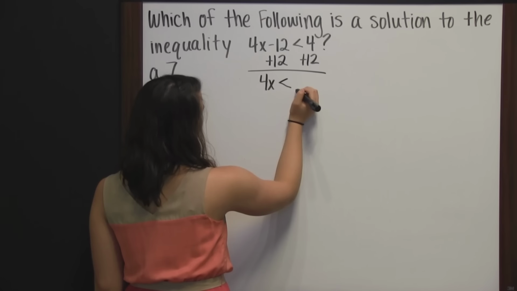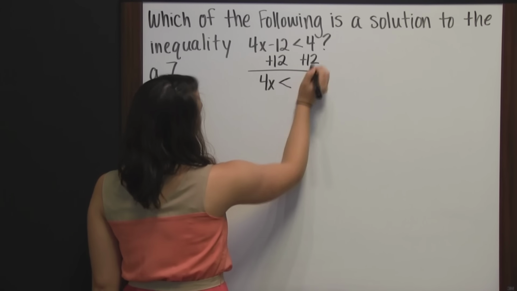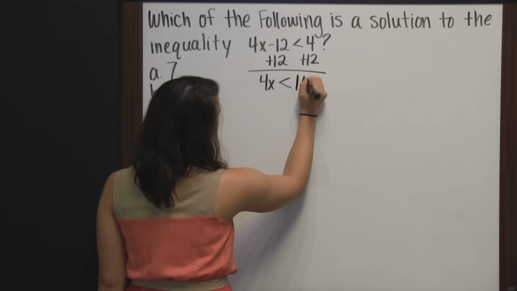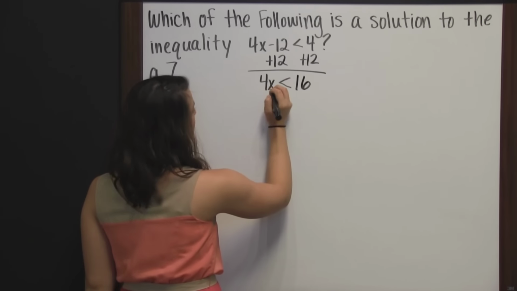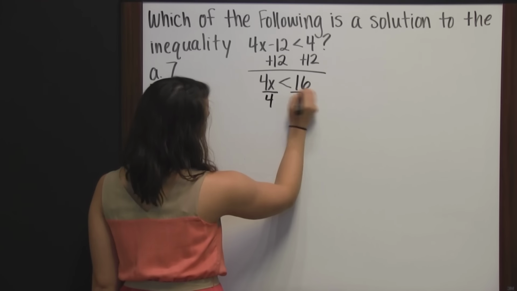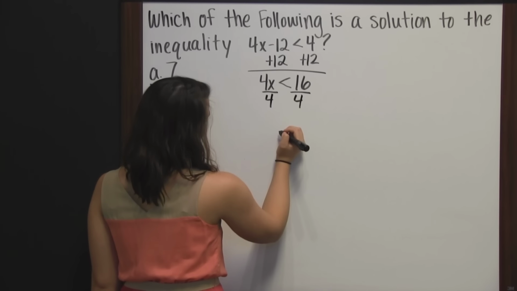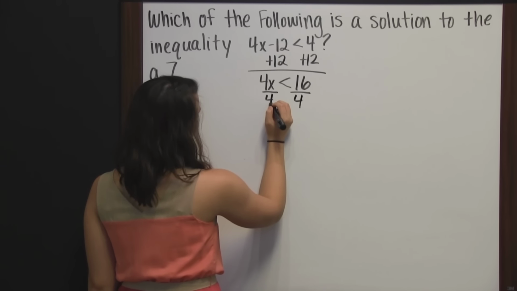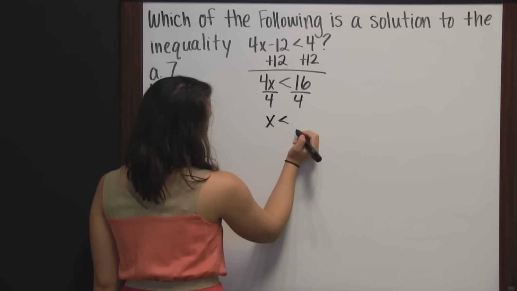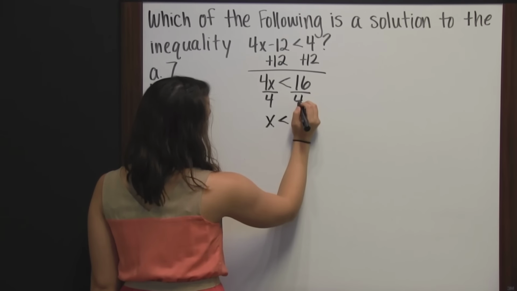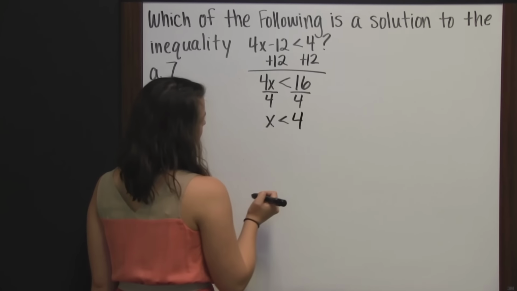Bring down our less than sign. And 4 plus 12 is 16. Then we need to divide both sides by 4. 4 divided by 4 is 1, times x is x, is less than 16 divided by 4 is 4.